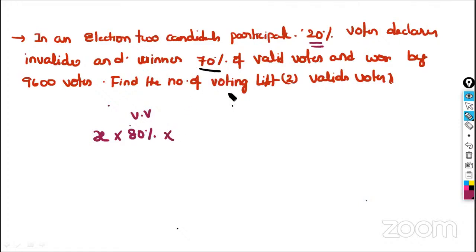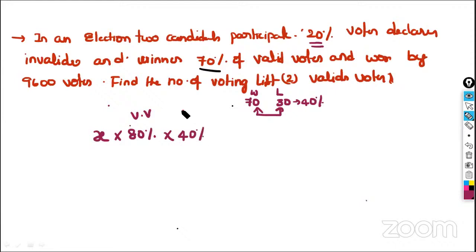So the winner got 70%. That means obviously the loser got 30%. So the winning vote percentage, how much? 70 minus 30, 40%.